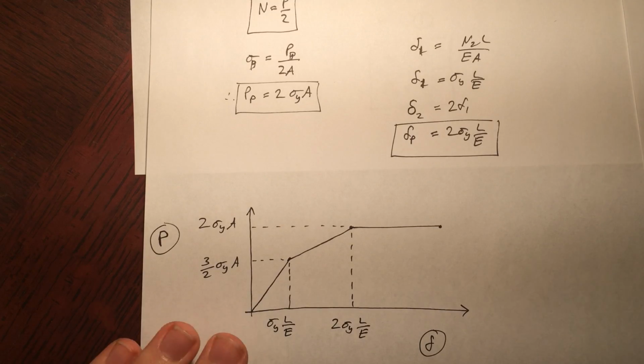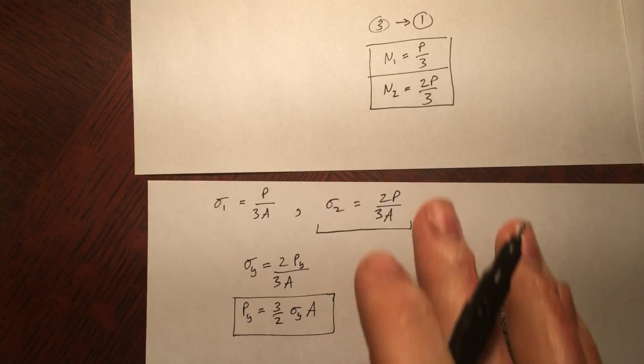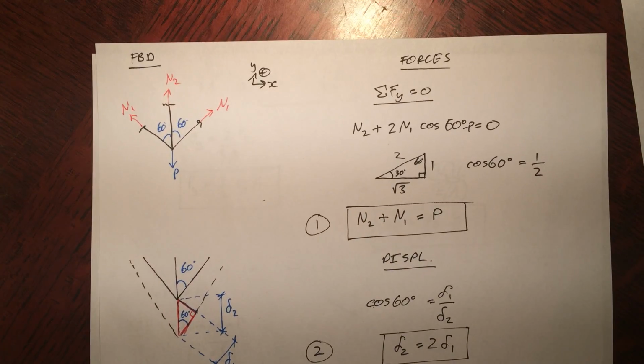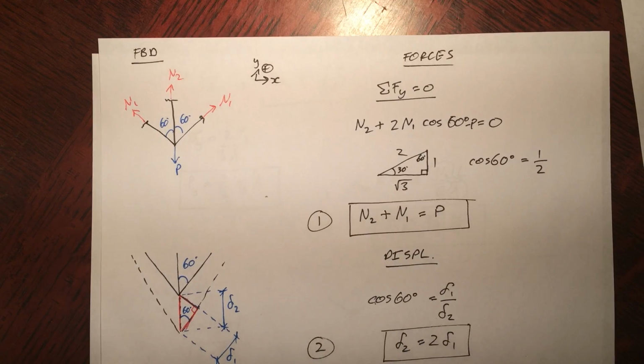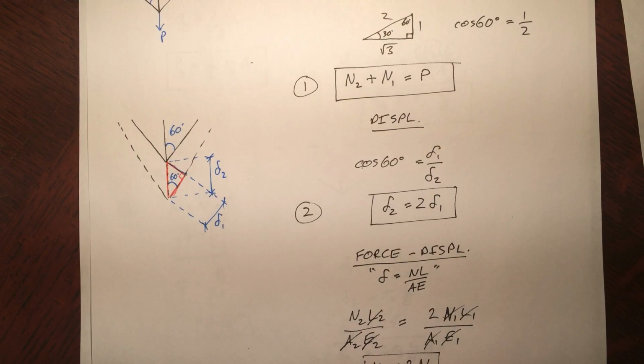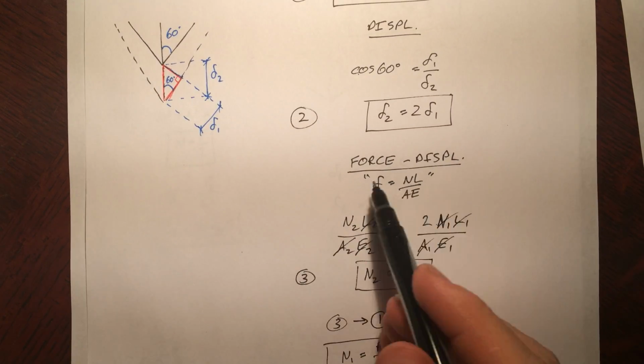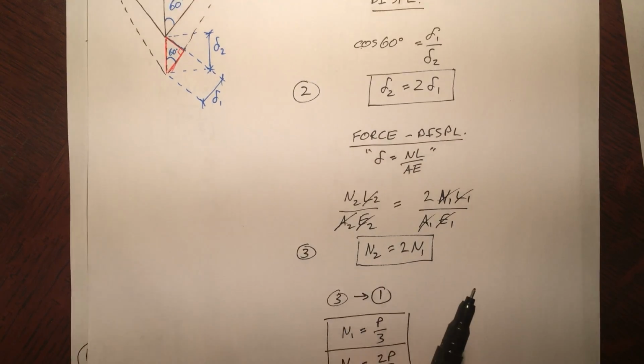Hope this helps you guys out a bit. Let's just review what we did. The first step requires us to find the internal normal forces in each member, and then find which stress as a result of those normal forces is the greatest. We needed to use force displacement because it was statically indeterminate.